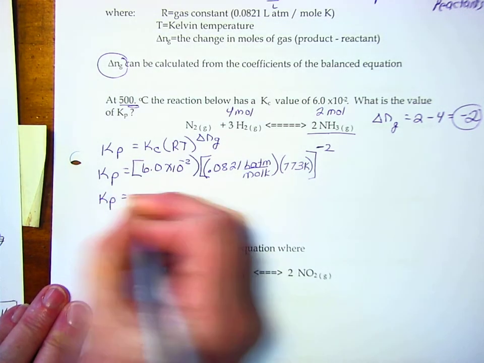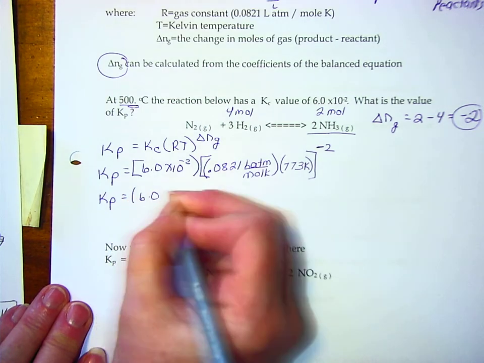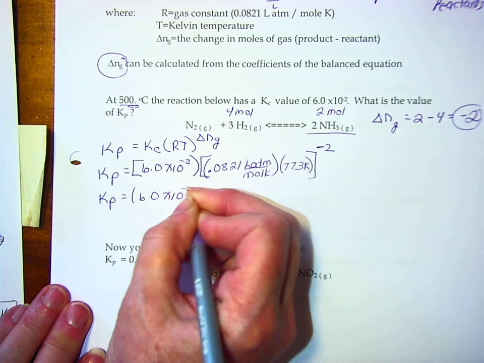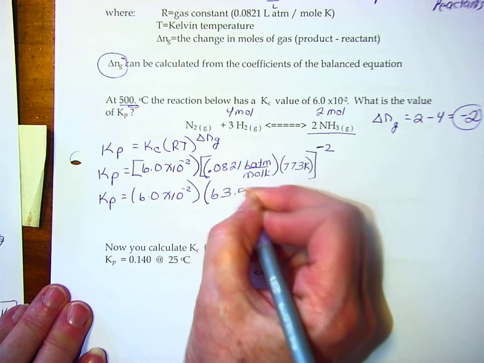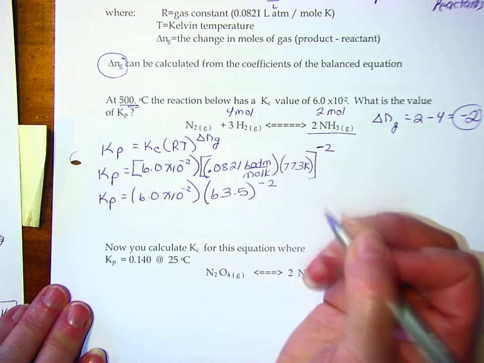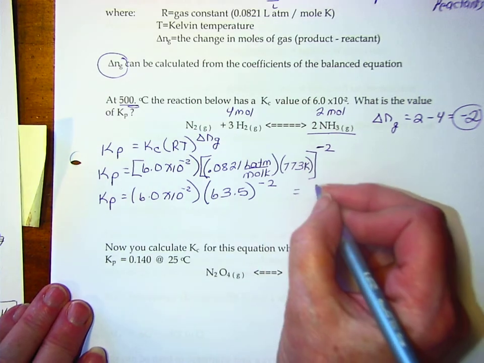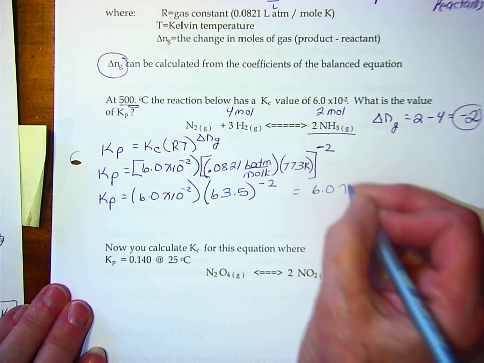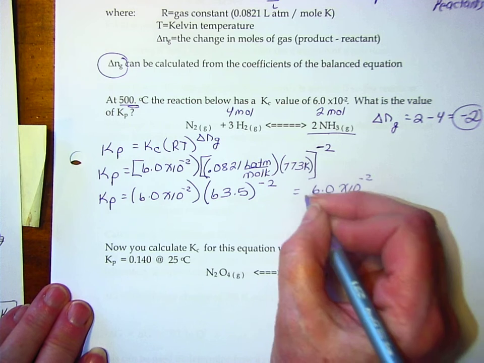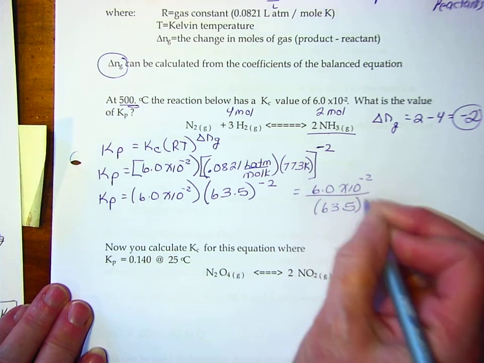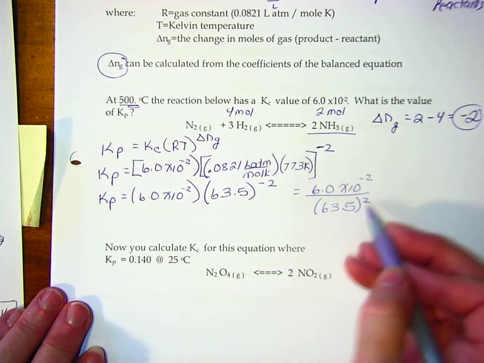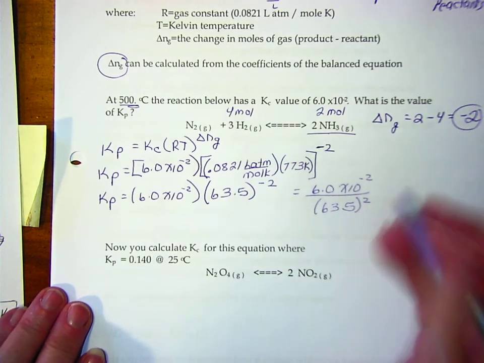K sub P is equal to 6.0 times 10 to the negative second. This whole quantity comes out to be 63.5 to the negative 2. So I like to rearrange it this way: 6.0 times 10 to the negative second divided by 63.5 squared. The negative 2 becomes a positive 2 in the bottom of the fraction.